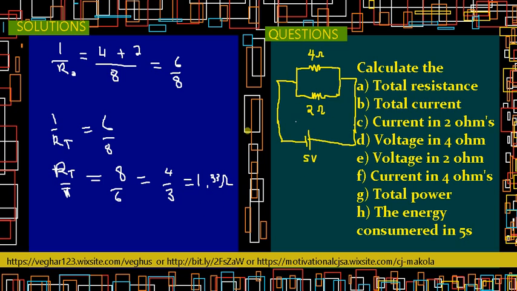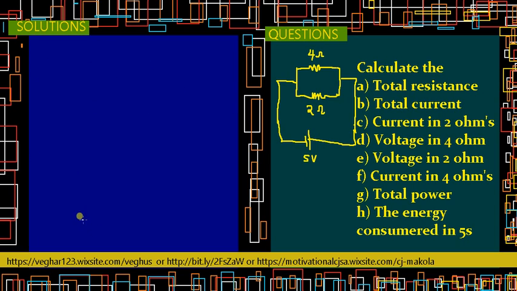This is number A. Going to number B. For number B, we are looking for the total current, because we have a voltage of 5 and a total resistance of 1.3 ohm recurring.